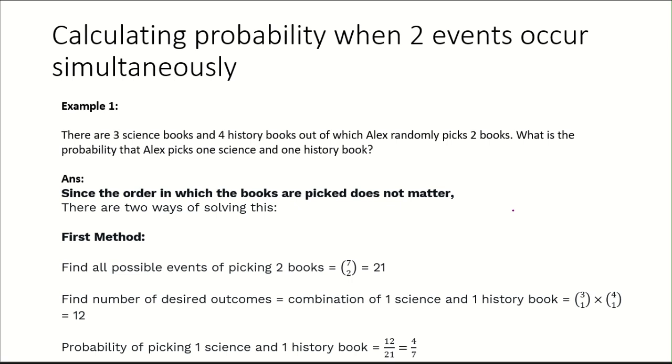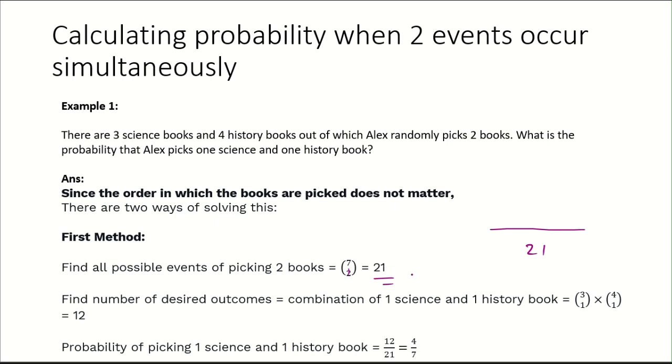The first method is we find the total number of outcomes, basically all possible events. Now, all possible events is picking any 2 books out of 7 books, right? So any unique combination of 2 books out of 7. So we are referring to the formula for combinations, which is 7C2, which is 21. So 21 is the total number of outcomes, all possible events.